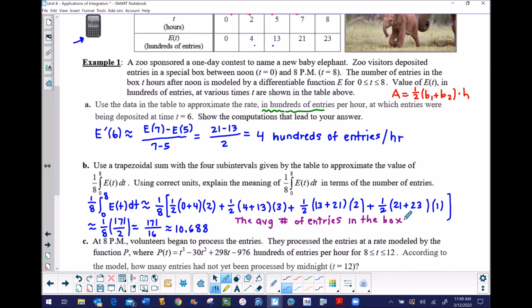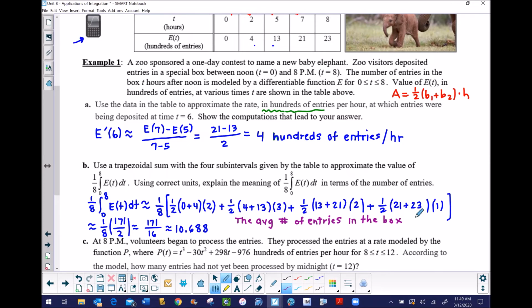So for our 10.688, I'm going to put that number at the end. Doesn't matter what order you write the numbers in, so I'll give you a little bit of options and variation when we finish this. But we do need our time. So the time would be from time what? 0 to 8. So we'll say, oh, there's so many ways to do this, guys. You want to say from t equals 0 hours to 8 hours.